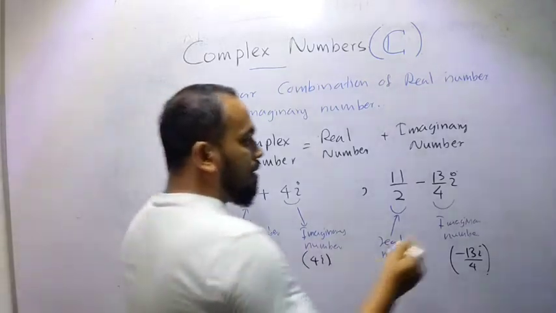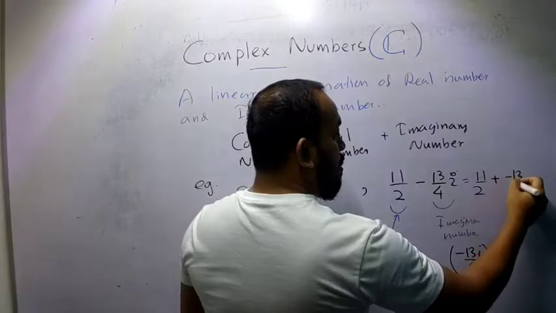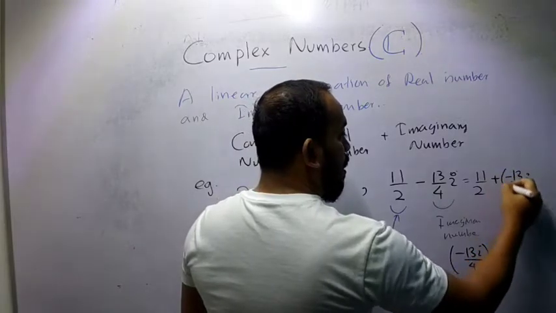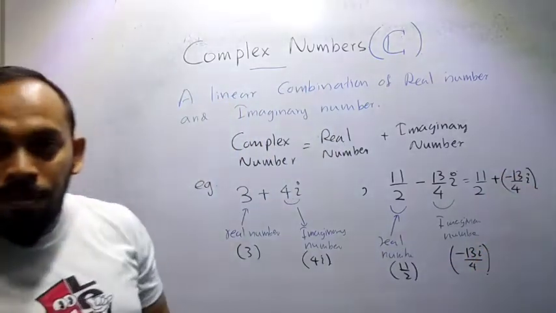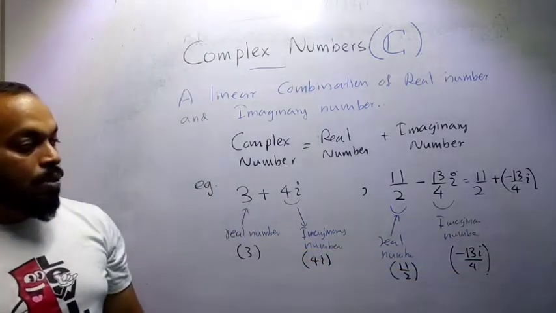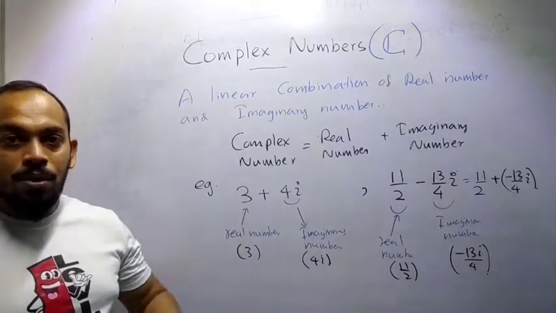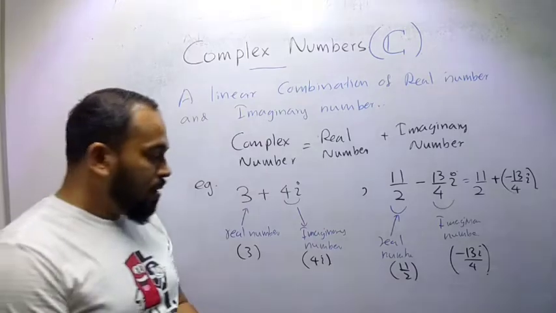So I can write it like this, 11 by 2 plus minus 13 by 4 times i. Now it is apparent to you that the imaginary number is minus 13 over 4 times i, right? So this is a combination and this is called a complex number, right?